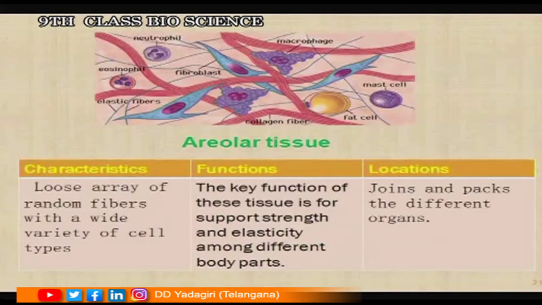The cells include mast cells and fat cells, and the fibers are fibroblasts and collagen fibers. Its functions are support and strength, and it also gives elasticity among different body parts. Where do we find this areolar tissue in our body? This tissue joins and packs the different organs in our body.